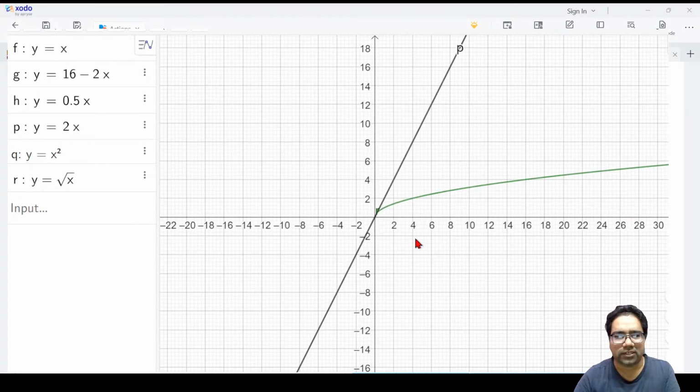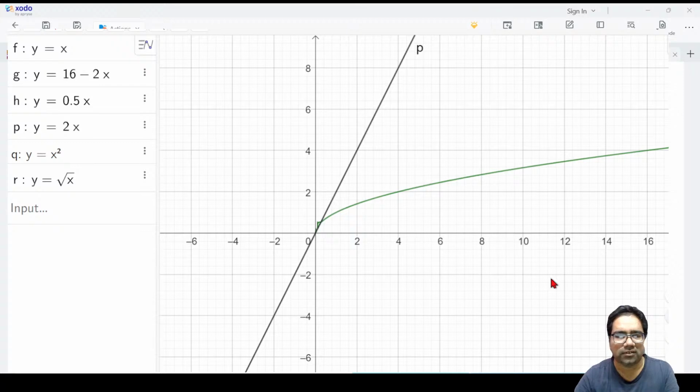This green one. Initially, in 4 hours, he has covered 2 units of distance. Next 4 hours, he has not covered 2 units only. In the first 4 hours, how much he has covered? 2 units. Next 4 hours, how much he has covered? Kind of 1 unit only.